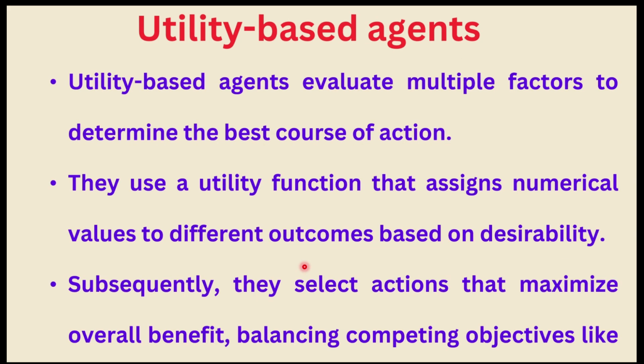Next we'll see what utility based agents are. Utility based agents evaluate multiple factors to determine the best course of action. That means it is going to have multiple deciding factors, and among them we need to find the best action.